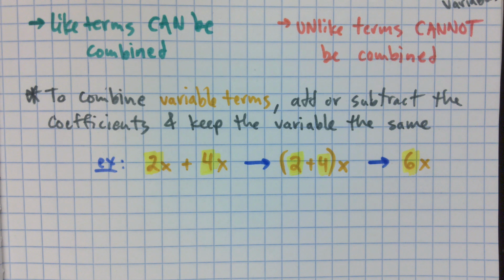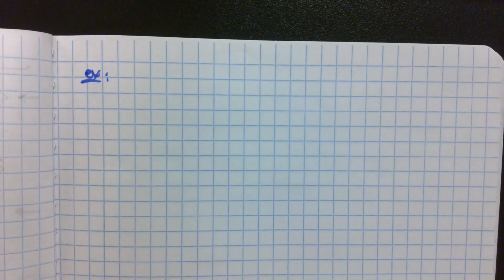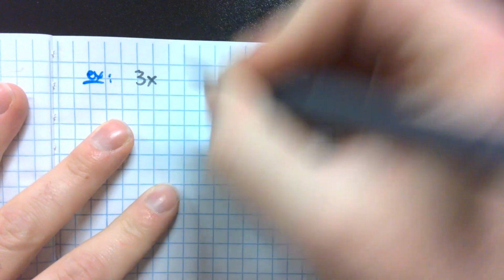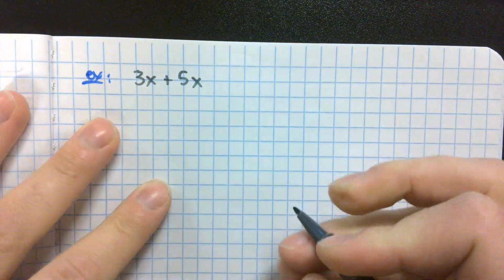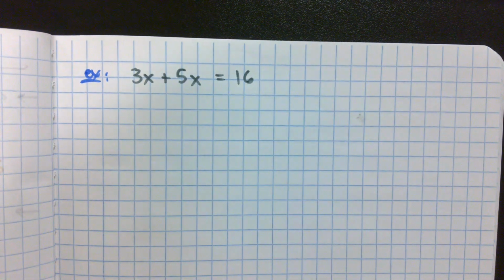All right. Let's take a look at our first example of how we're going to do this. Let's say we've got 3x plus 5x equals 16.